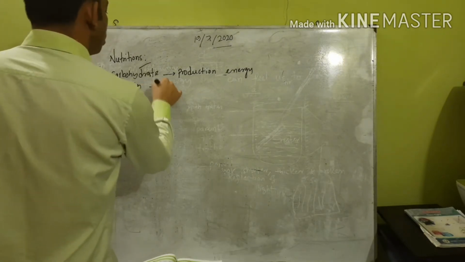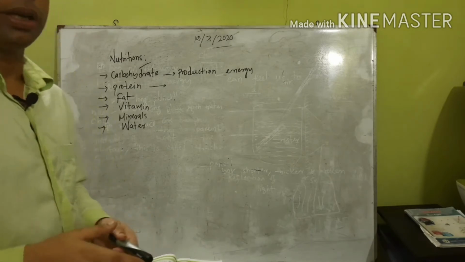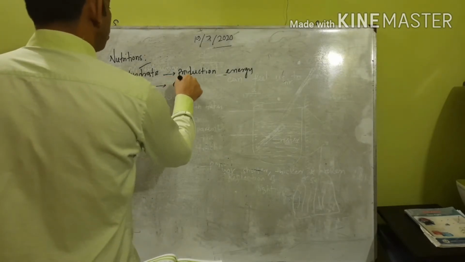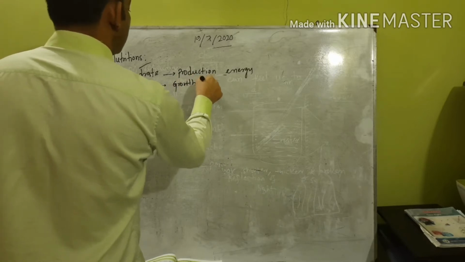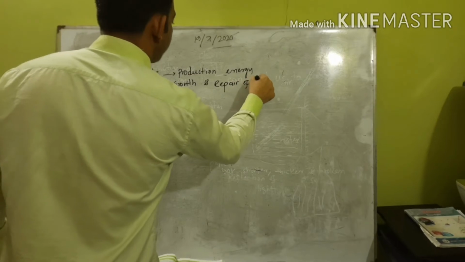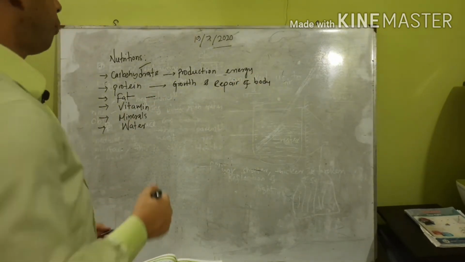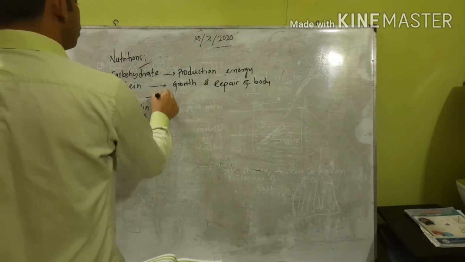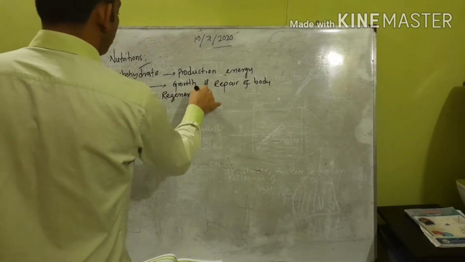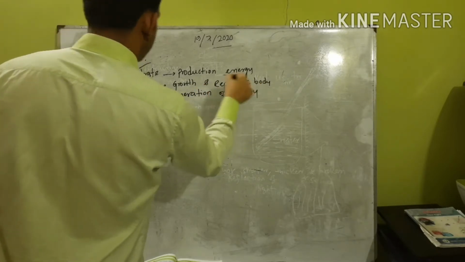If we think about the protein, we can instantly get growth and repair of the body. Many functions are there, of course, repair of the body. Fat is also production and regeneration of energy, general functional activities.